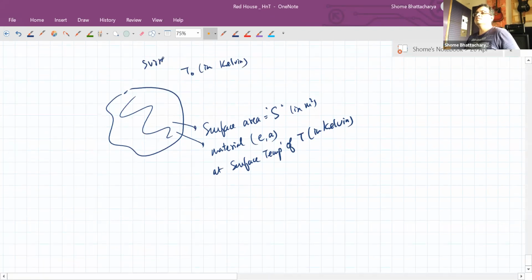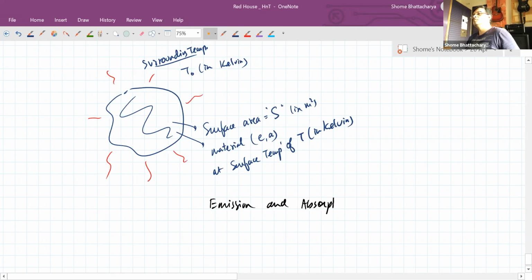So in this situation, which is basically the situation in which any body will find itself, continuously the process of emission as well as the process of absorption is taking place simultaneously. So emission and absorption simultaneously occur continuously.